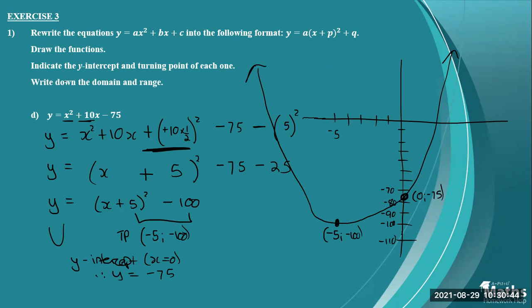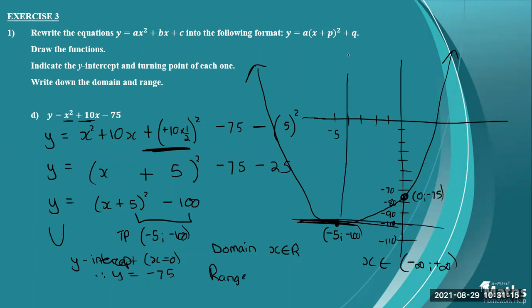Then they ask us to write down the domain and range. So it's just an exercise to get used to domain and range and to the turning point. The domain we said previously will be all the x values. So x is an element of real numbers, or you can say x is an element from negative infinity to positive infinity. The range, like in the previous one, we said would be the y values from negative 100 going up.